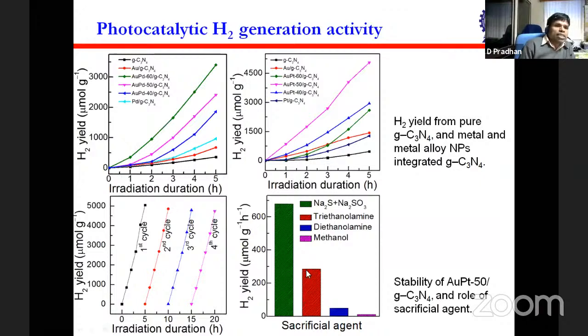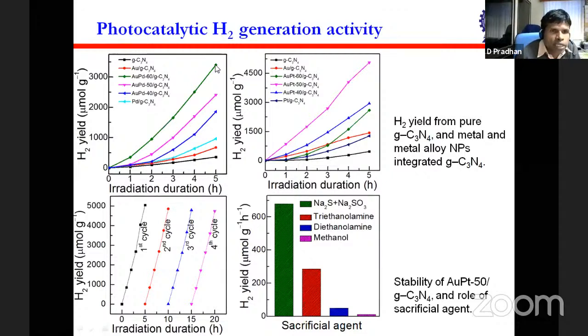What you see is that in one case gold palladium, in the other case gold platinum. In both cases, when the alloy particle was decorated on the GC3N4, they give better performance. In the gold palladium case, when the gold was 60% and palladium 40%, that gave the best performance.